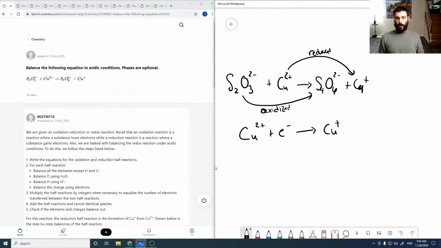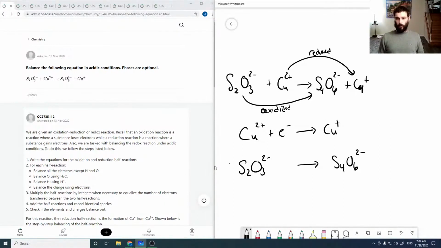And then our oxidation reaction, so S2O3 2 minus goes to S4O6 2 minus. In this case, we want to balance. The first step in balancing is going to be to balance all the elements besides oxygen or hydrogen.